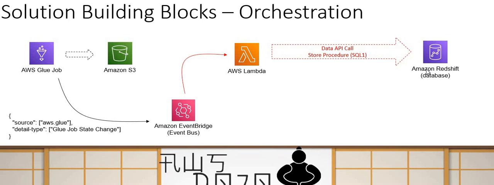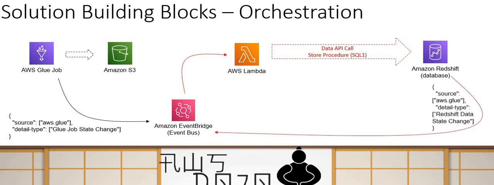Now, when the stored procedure or SQL statement finishes execution, Redshift is going to bubble up an event, because your EventBridge is also configured for another rule, and that rule is Redshift Data state change.